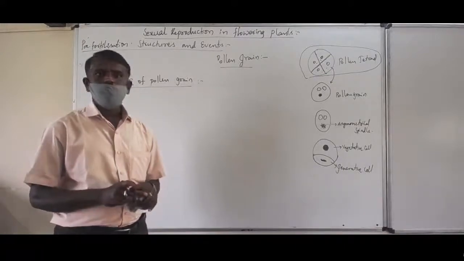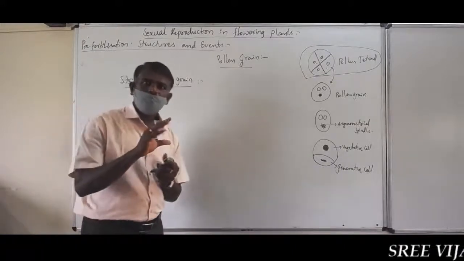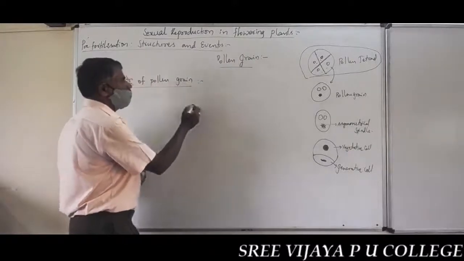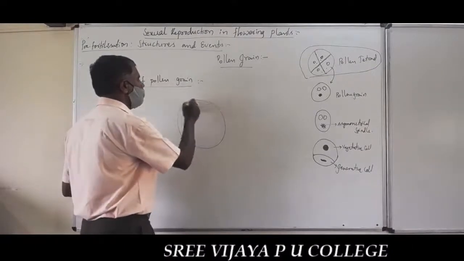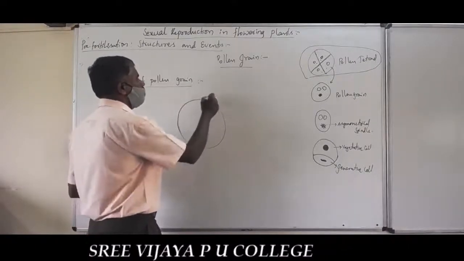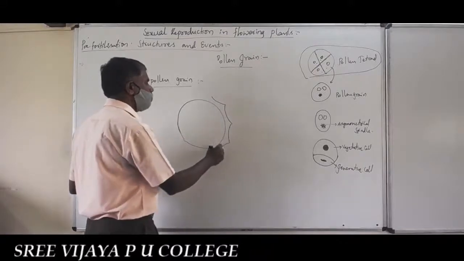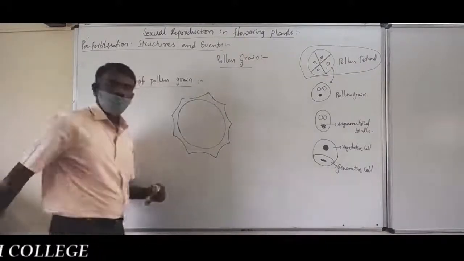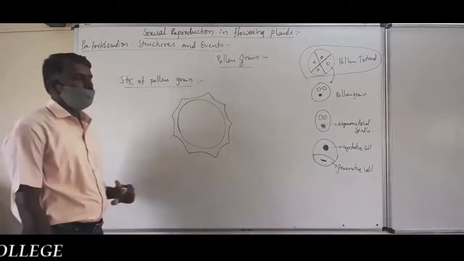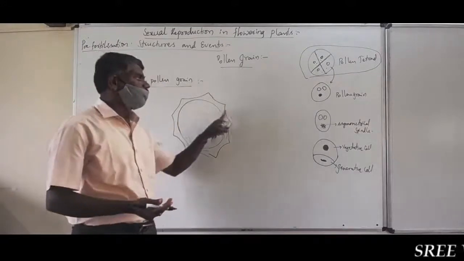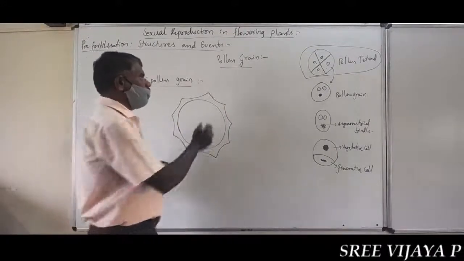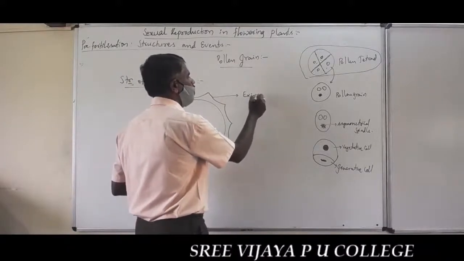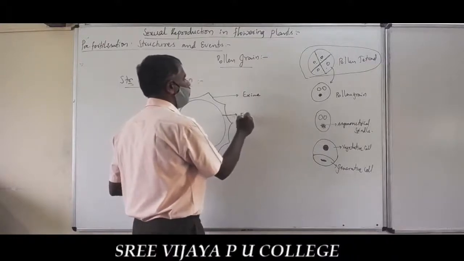These pollen grains are covered with two wall layers. Every pollen grain is covered with two wall layers: the outer exine and the inner intine.